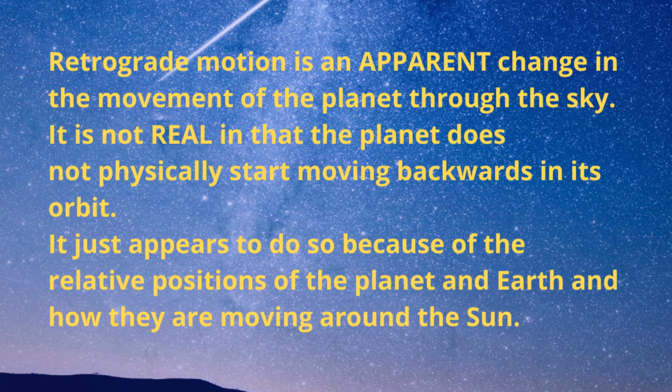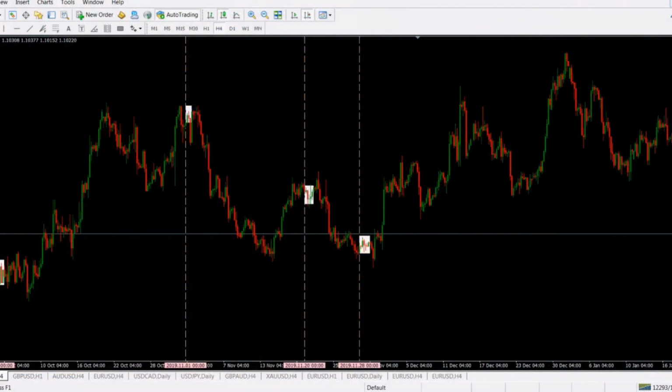It is not real in that the planet does not physically start moving backwards in its orbit. It just appears to do so because of the relative position of the planet and Earth and how they are moving around the Sun. Just take it for granted.